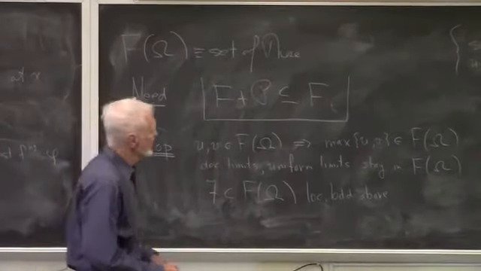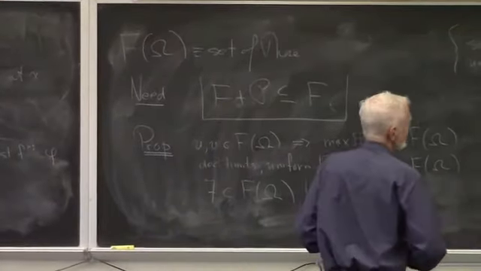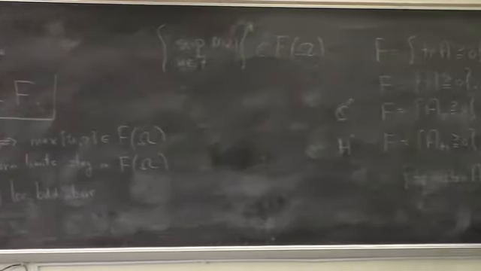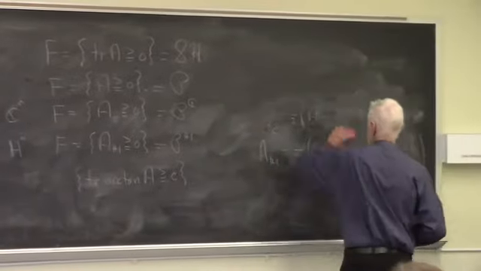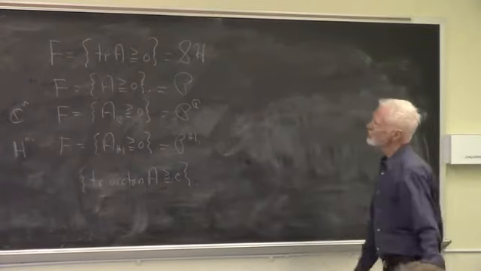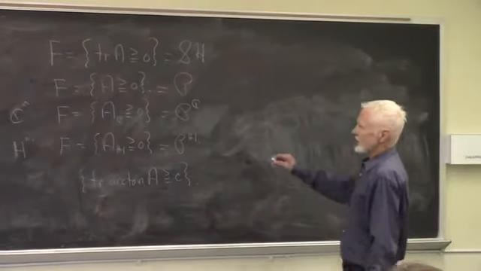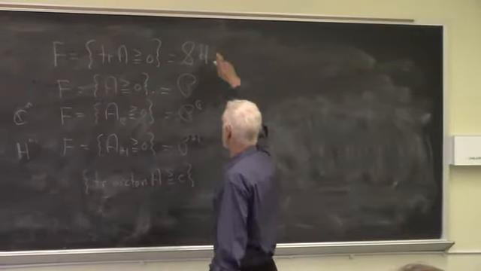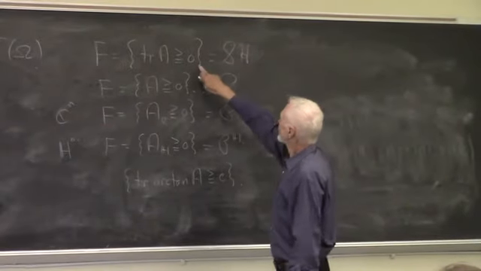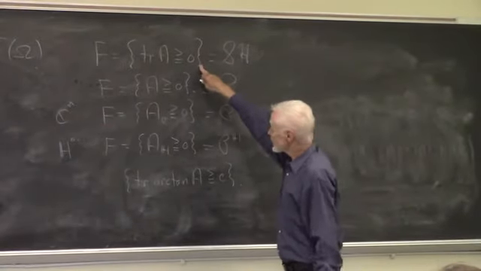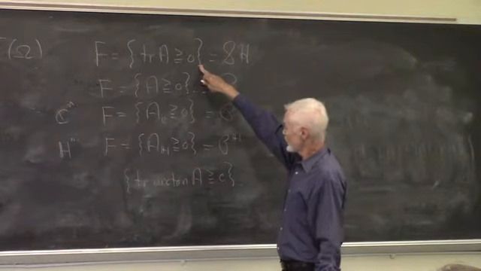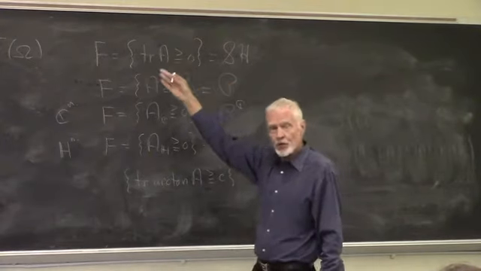And now, let me make a point here. If you go back to these examples, what happens when you take this family for this subequation, the subharmonic subequation? Well, you get exactly the subharmonic functions.